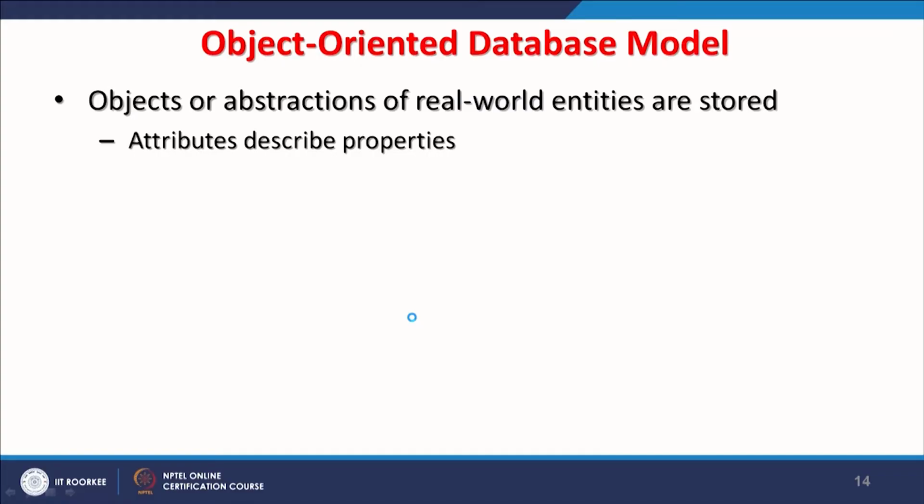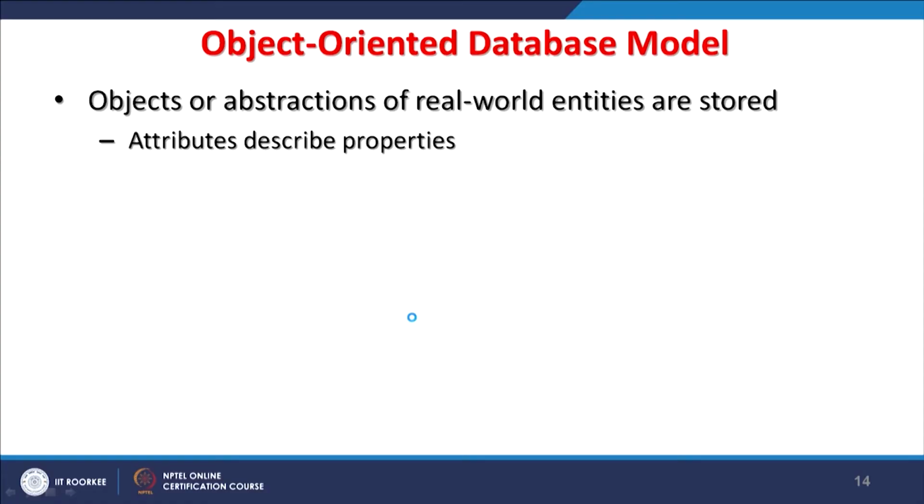Now, one more type of database model which we can discuss is the object oriented database model, or object oriented programming, which people call OOPS. It is on the same concept that objects, or abstractions of real world entities, are stored. This is what we are doing in GIS also. We are representing the real world in abstract form. Now, attributes describe properties.